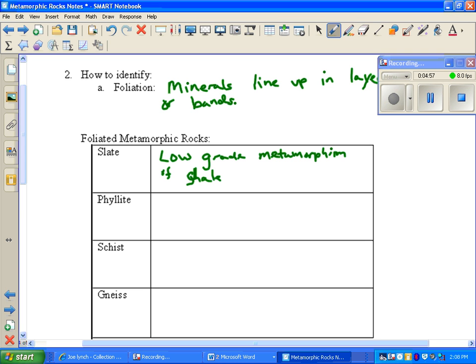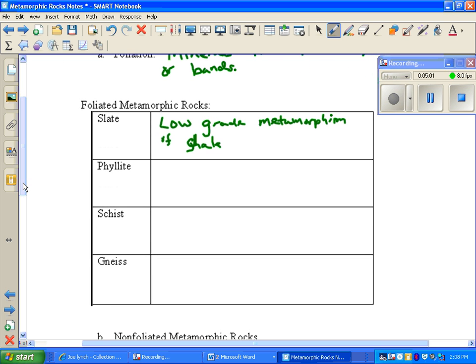If I give it more heat and more pressure, it's going to be metamorphized further or changed farther, and then it can be called phyllite. And this starts to look shiny because of mica crystals.